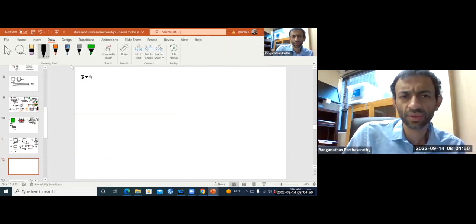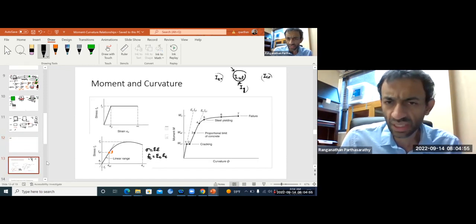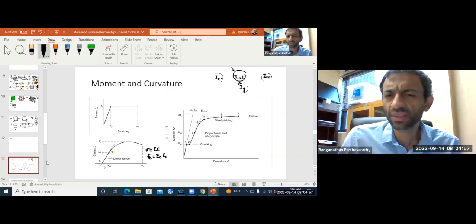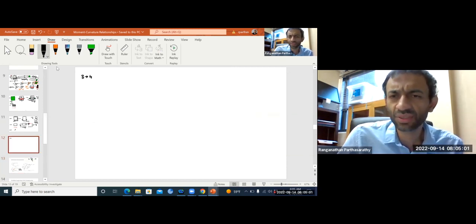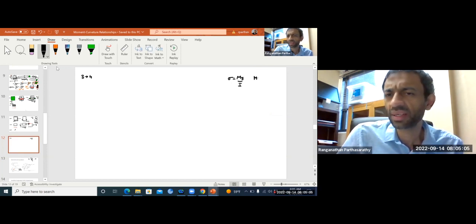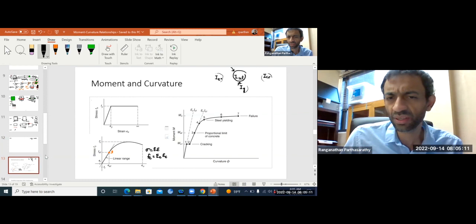From 3 to 4, concrete is not linear anymore. So can we use sigma equals My over I, M equals EI times curvature, in the region from 3 to 4?